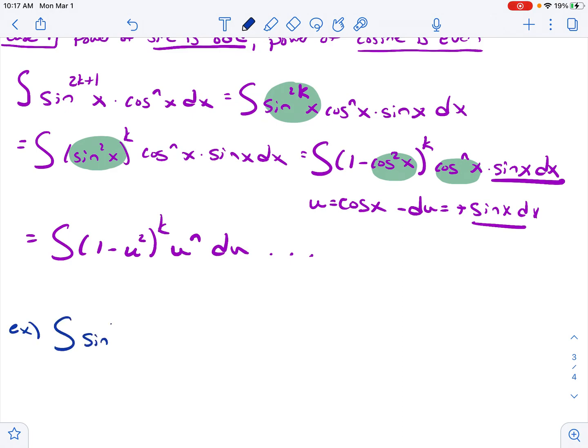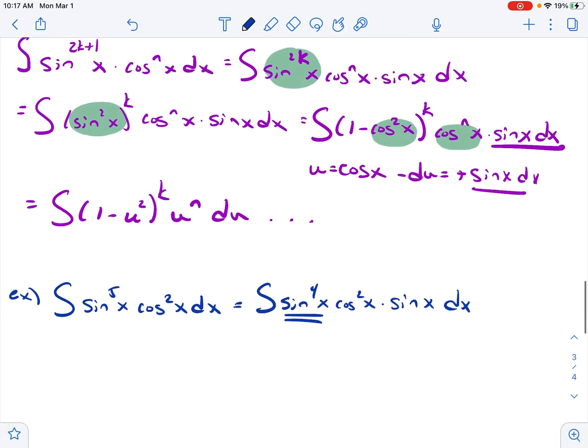The integral of, say, sine to the 5th power of x times cosine squared x dx. Power of sine is odd. Power of cosine's even. I'm going to strip away one power of sine. So I'll have sine 4th x cos squared x, and there's that other power of sine dx. This I'm going to make as sine squared to some power.